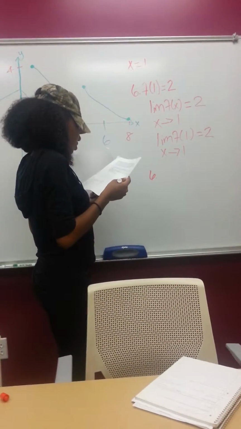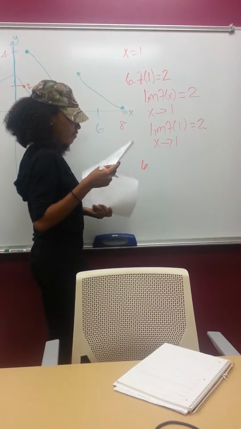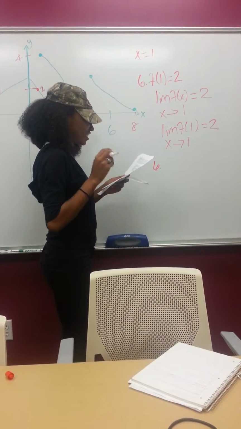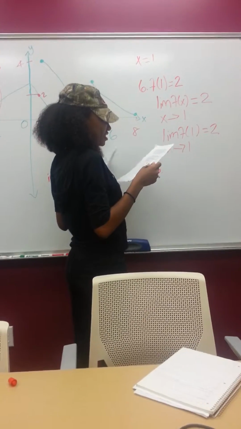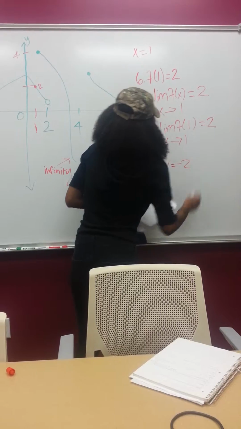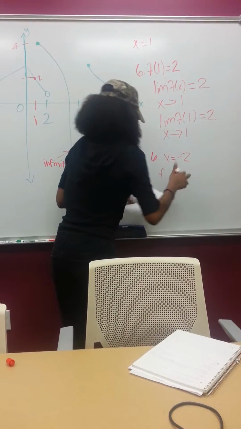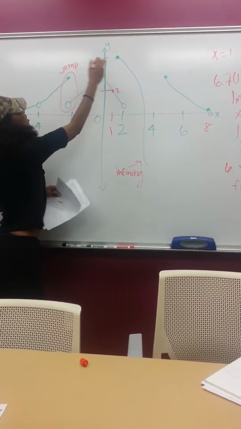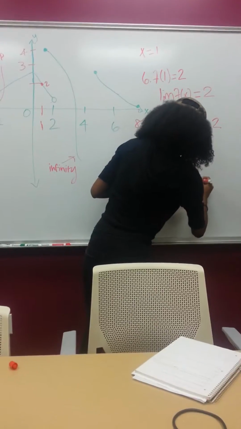Okay, and for the second part of number 6, it asks you to use the continuity checklist to see if the function is continuous at x equals -2. And so we do f of -2. And when you look at the graph, when you go up, we'll just say this is 3. So it'll be equal to 3.